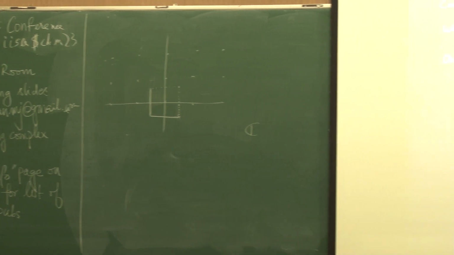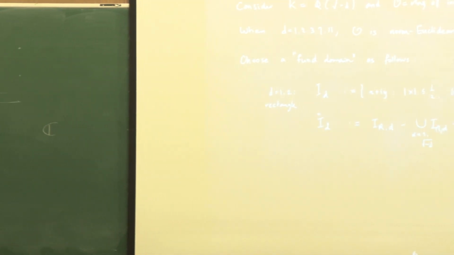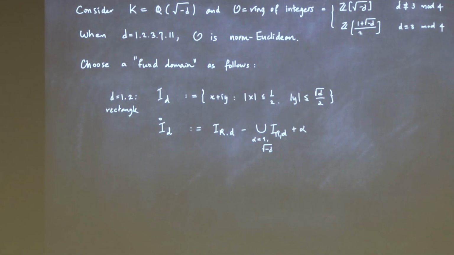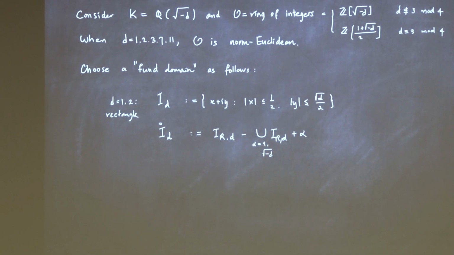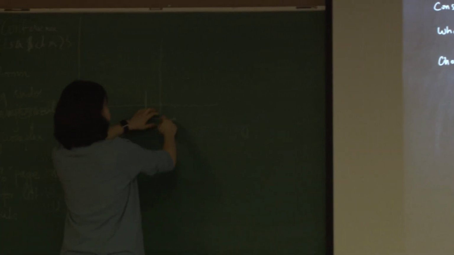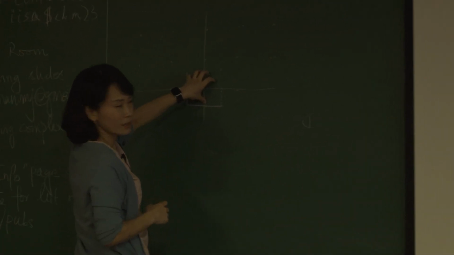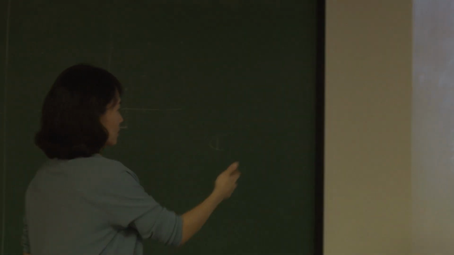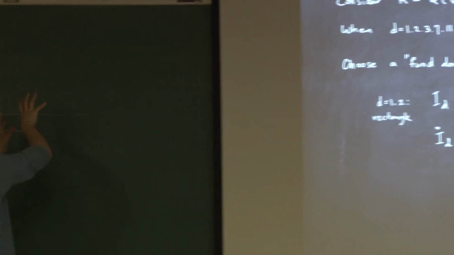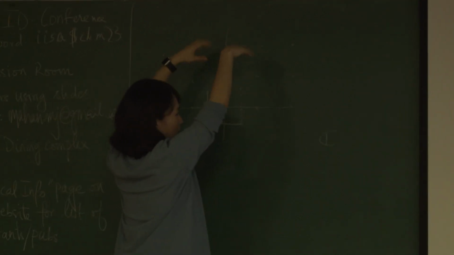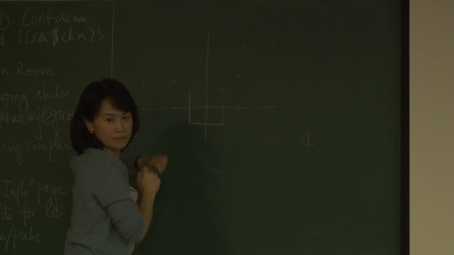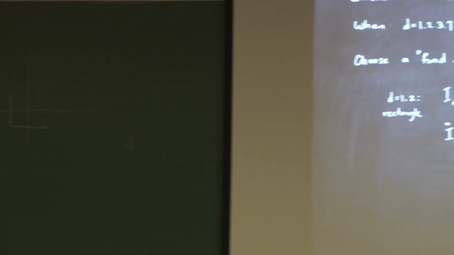And this will determine the integer part. So we start with a closed square, and then you translate them, in the right-hand part or the upper part, and then we're going to subtract those parts. Okay, so that's the fundamental domain.